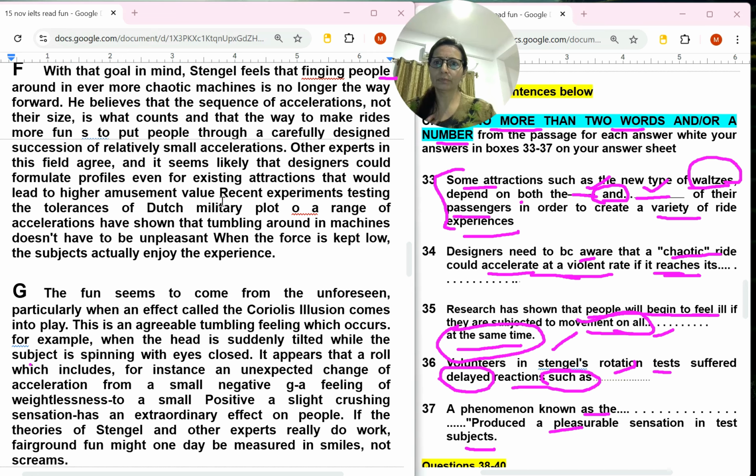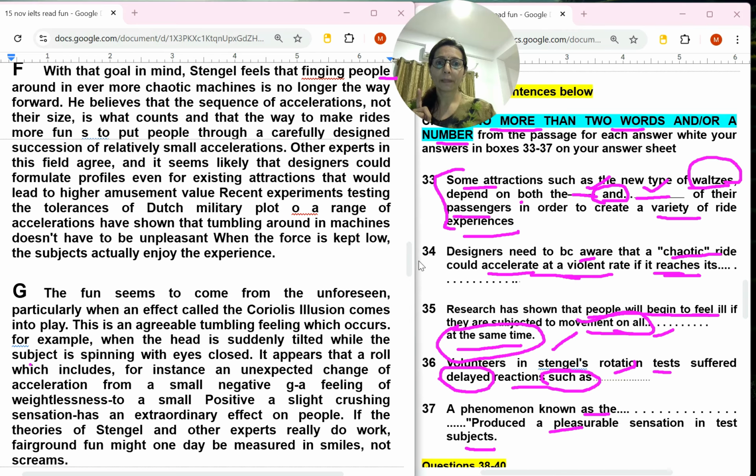So I am looking for any particular phenomenon known as something. It's like designers could value experiment tolerance, nothing. So this we already have, already read. Produced. The fun seems to come from unforeseen, particularly when an effect called.